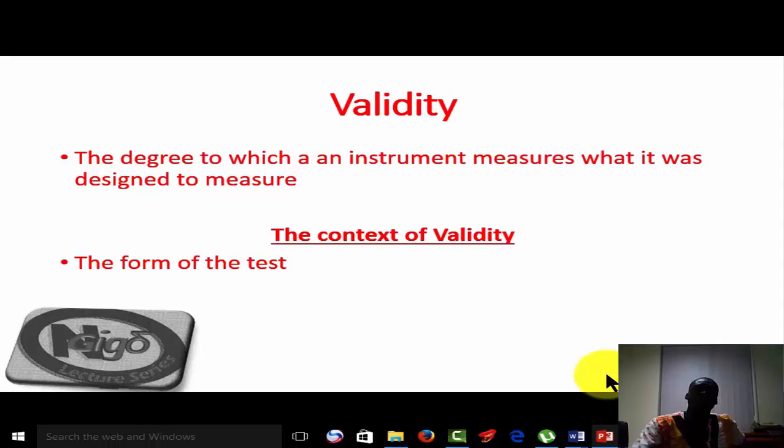So the test itself, should it be open-ended? Should it come with close-ended options? So we are interested in the form of the test. You have to decide, is the form of the test appropriate for what you are actually assessing?